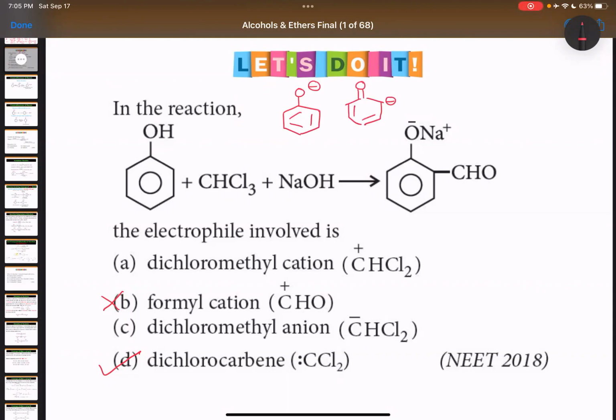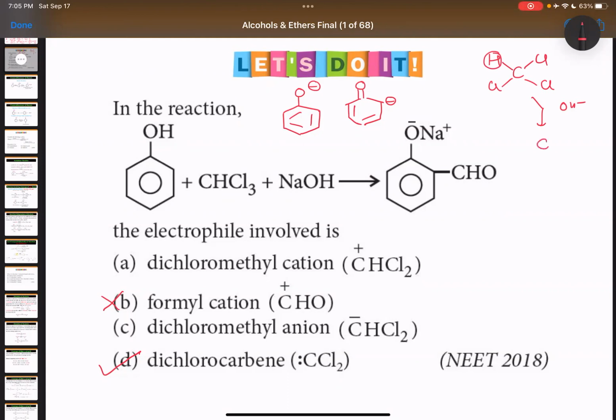Another thing is what happens with the chloroform. The first thing which happens is you have taken a base, and this base first of all abstracts the H plus.